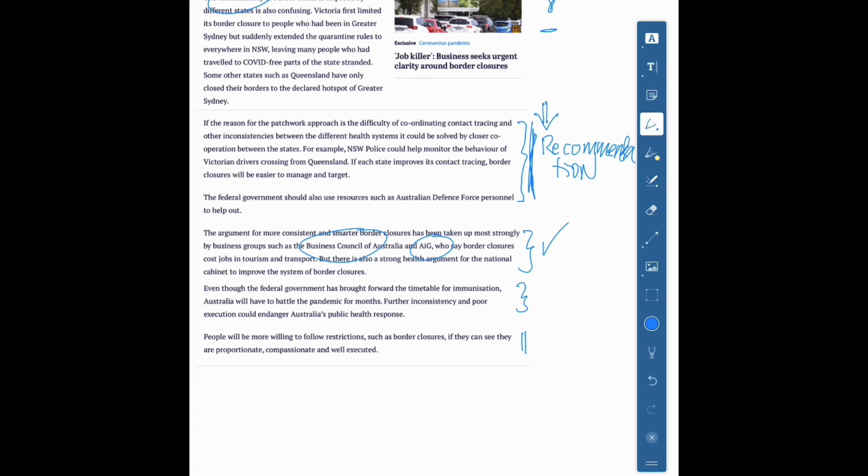People will be more willing to follow restrictions. Restrictions here refer to border closures, if they can see that the closures, the policies, the restrictions, are proportionate, compassionate, and well executed.